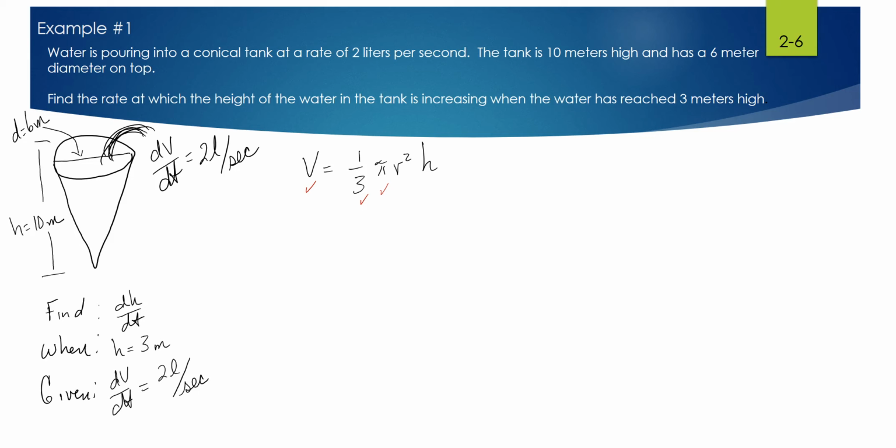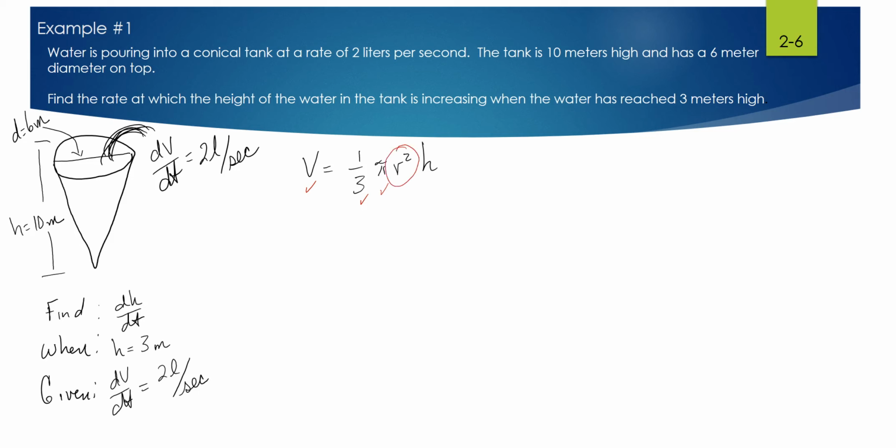The r, notice I was never given an r, although I could find it because r is half of d. But the problem lies in the fact that if I have a variable r and a variable h, then this is the product rule. And that means not only will r stay in my formula, but a dr dt will show up, and that's a problem.